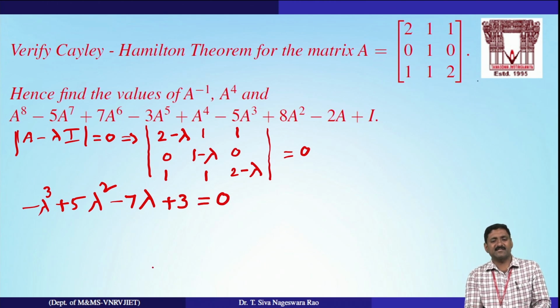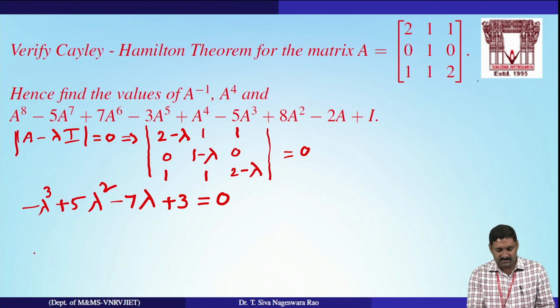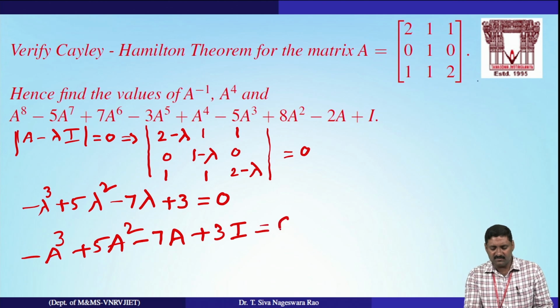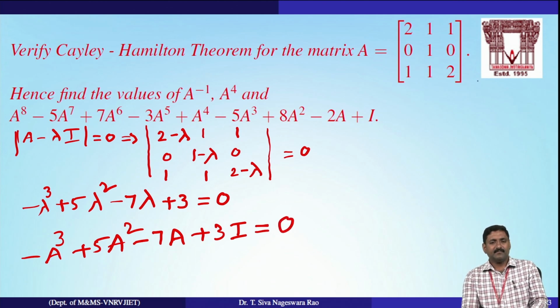We will replace lambda with capital A. So what will you get? Minus A cube plus 5A square minus 7A plus 3 multiplied with I is equal to O. O is the 0 matrix.